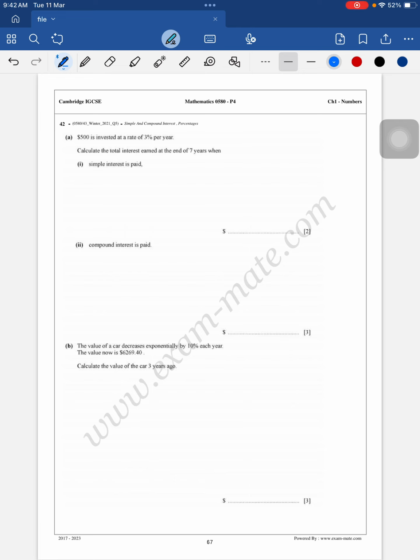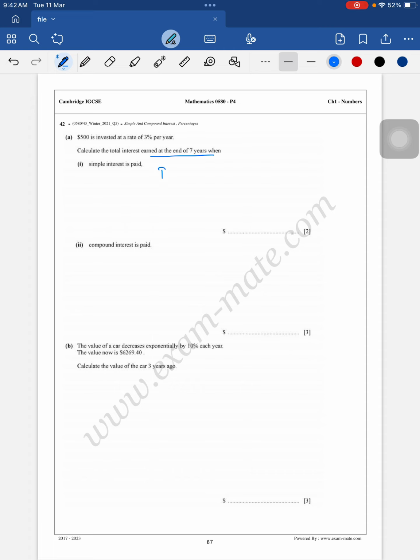Question number 42. We have $500 invested at a rate of 3% per year, right? Calculate the total interest earned at the end of 7 years when simple interest is paid and when compound interest is paid. For simple interest, the formula is quite simple.